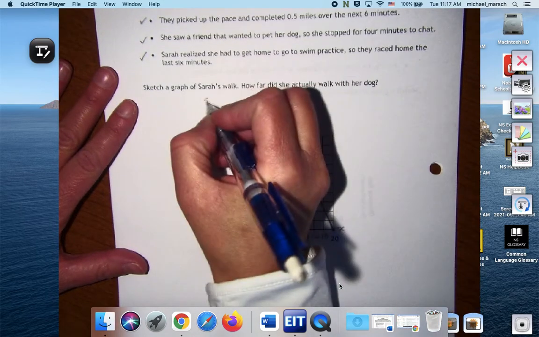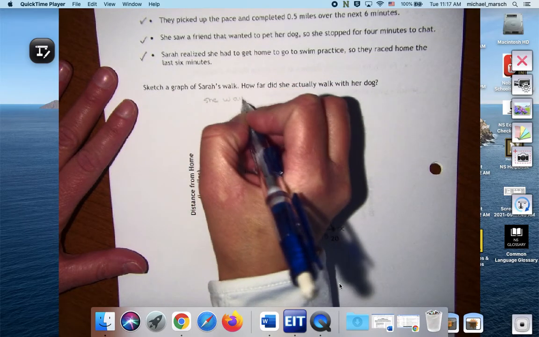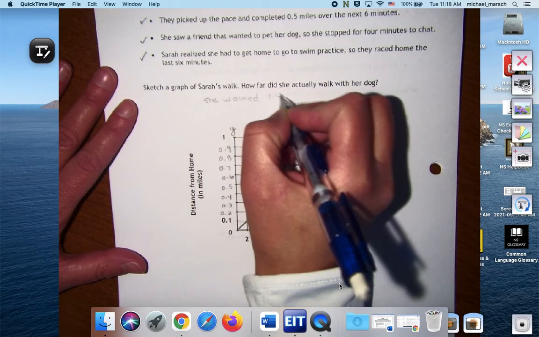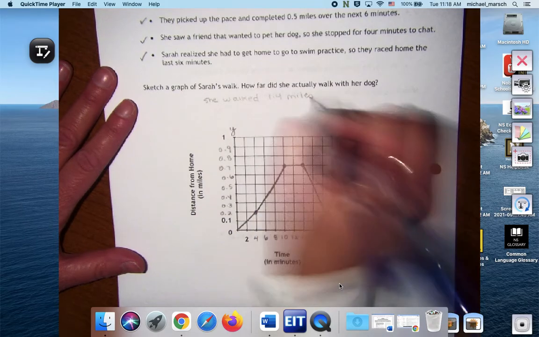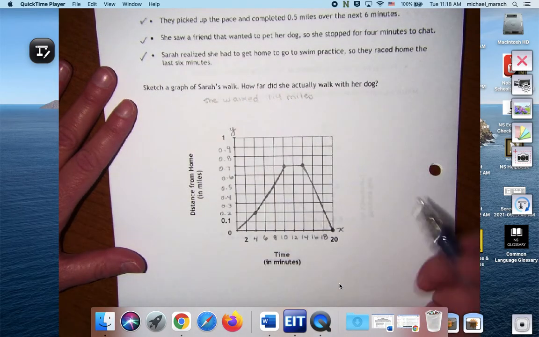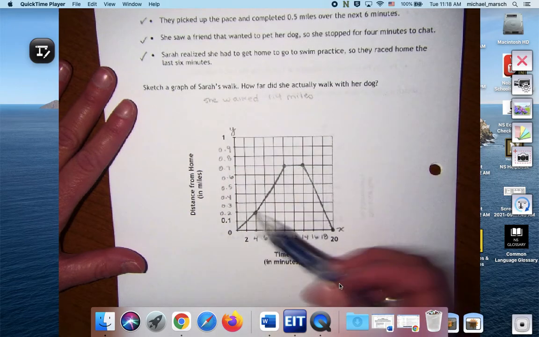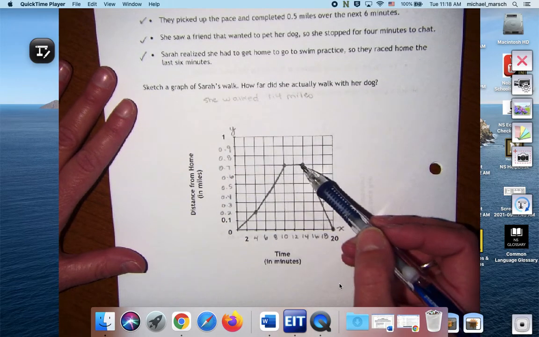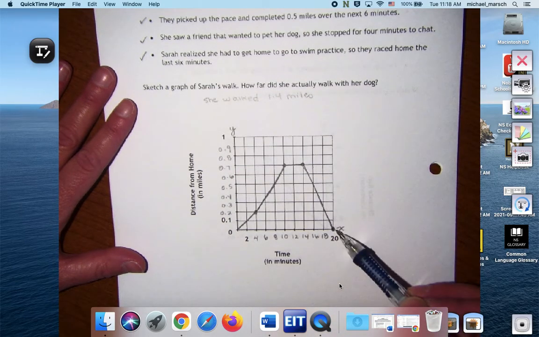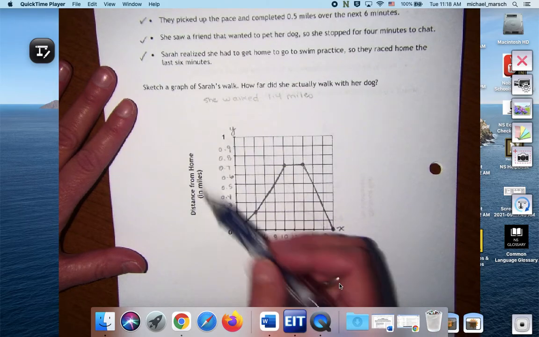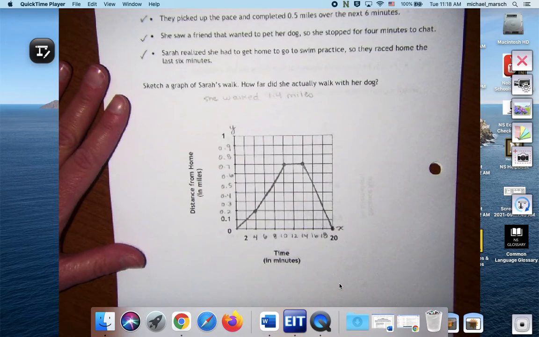Great. So she walked 1.4 miles. Wait, why did it go all the way down? Because she's going back home. So this is her distance away from the house and then distance back to her house. Because that's what this graph is measuring this time.